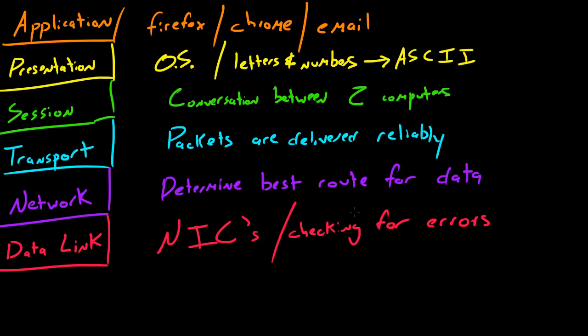And if there's an error in your data, maybe there's just any kind of error, then it's going to go ahead and send that data again. And that is another way that we ensure reliable transmission of data between one computer and the other computer. So again, if you say, I have a bad NIC or my NIC's broken, then you can be like, you know what? That means that there's a problem with your data link layer.